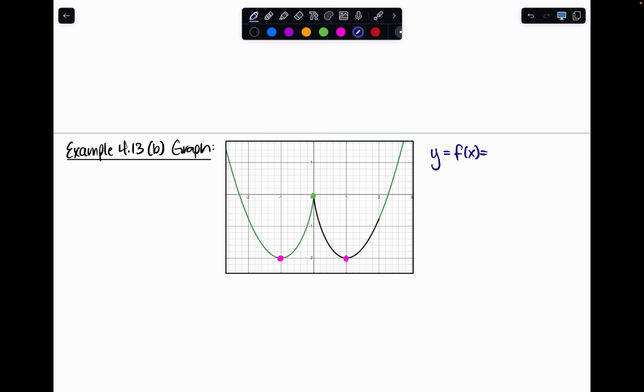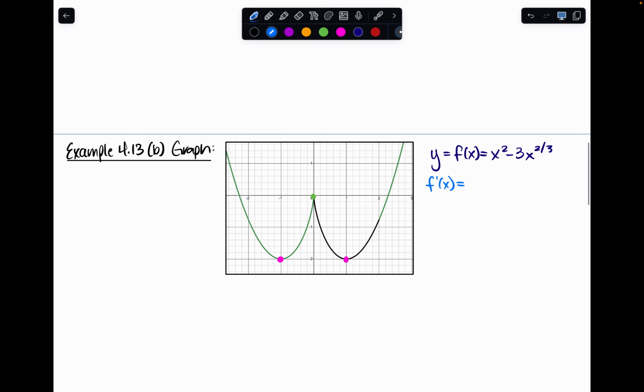This is f of x equals, what's our function? x squared minus 3x to the 2/3. And I like this example as well because it really requires you to review D4. To find this function's derivative, review the power rule. Remember, the power rule is d/dx of x to the n equals n x to the n minus 1. We've got two power functions here, the square power function and the 2/3 power function.